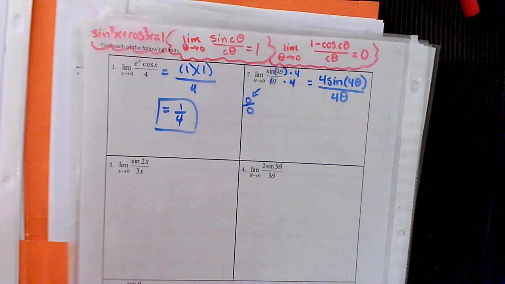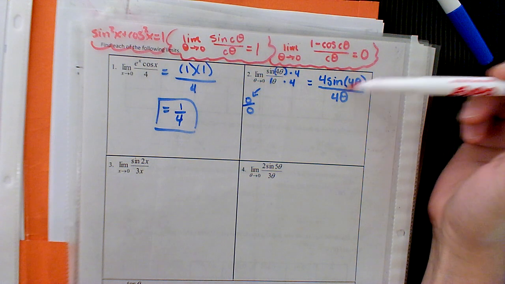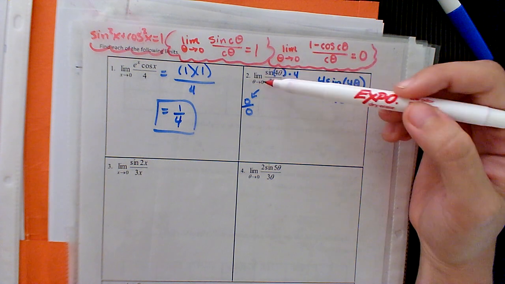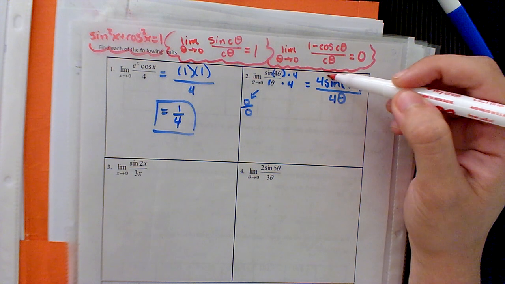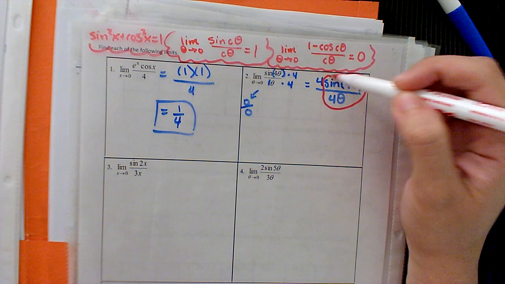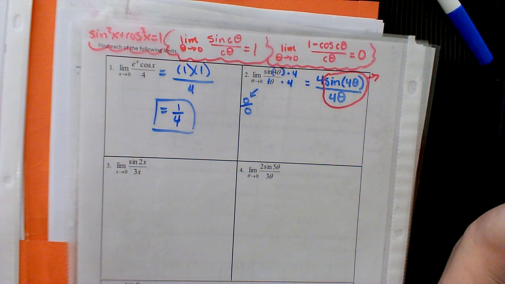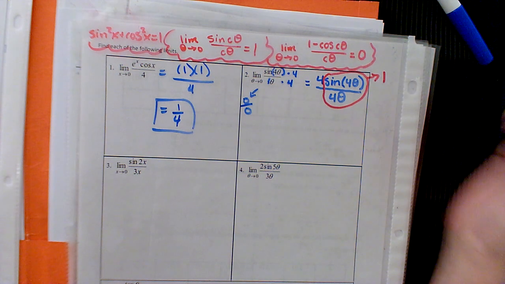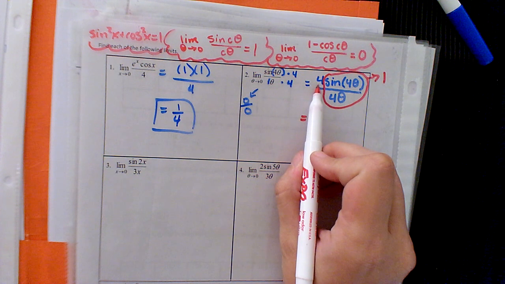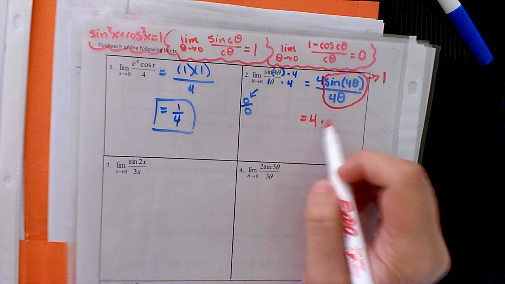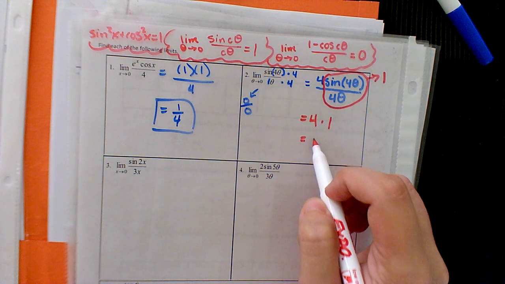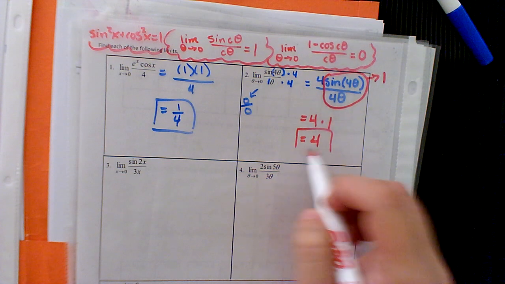So notice how we have this trig limit showing up. We have the constants matching now, and we are approaching 0. So what is this going to equal? 1, according to the limit, right? So we're left with the coefficient of 4 times 1, which is 4.